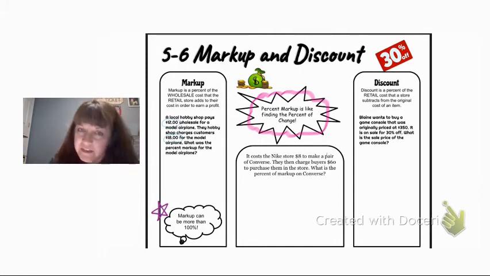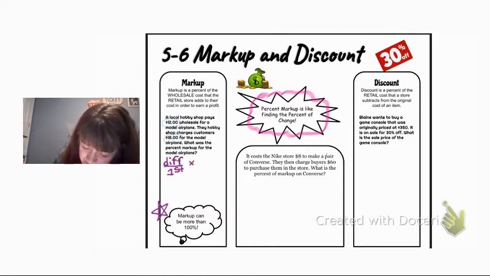So percent markup is really just a percent change question. If you think back to percent change, we had the difference between the two, divided by what it was first, and then times 100, or move the decimal 2 to the right. So the difference between the two, 18 minus 12, divided by what it was first. First the store bought it for 12 before they marked it up to 18, and then times 100. 18 minus 12 is 6.